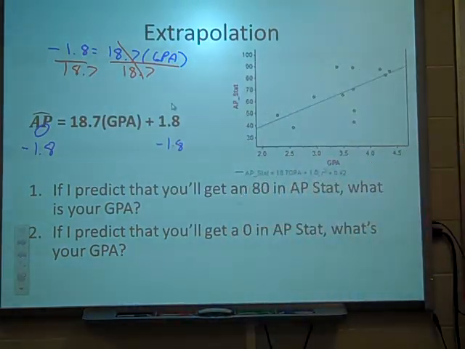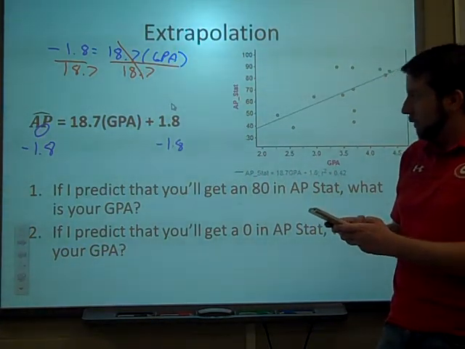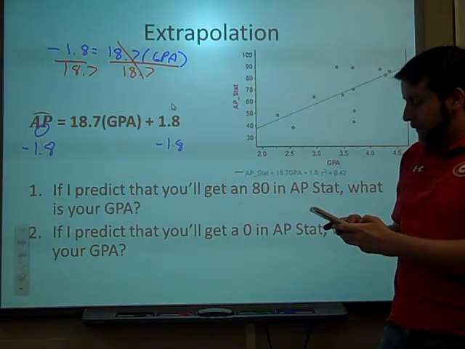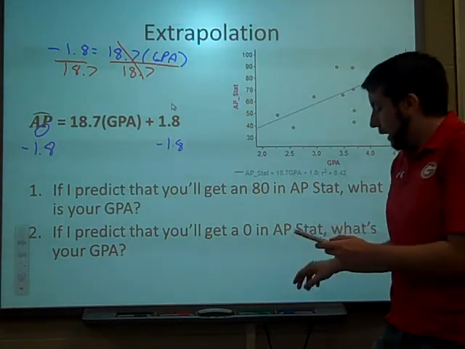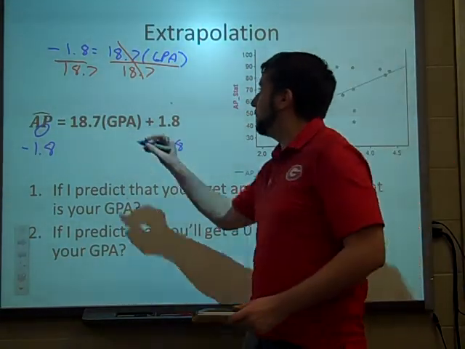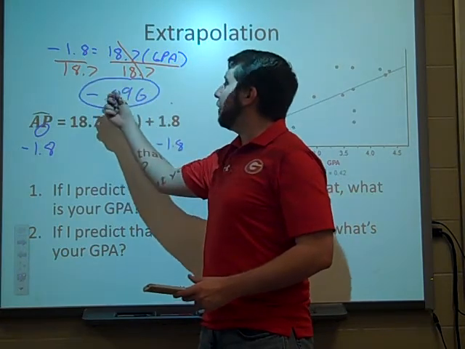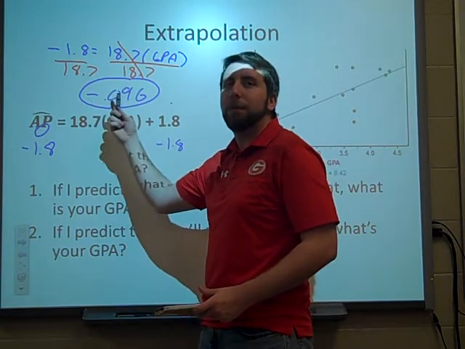If you calculate that, although you should notice right away, negative divided by a positive, that's going to be negative. In fact, to be exact, it'll be negative, what? Let me see. Negative 0.096, approximately. Can you have a GPA of negative 0.096? No, of course not. It's not possible to have a negative GPA.